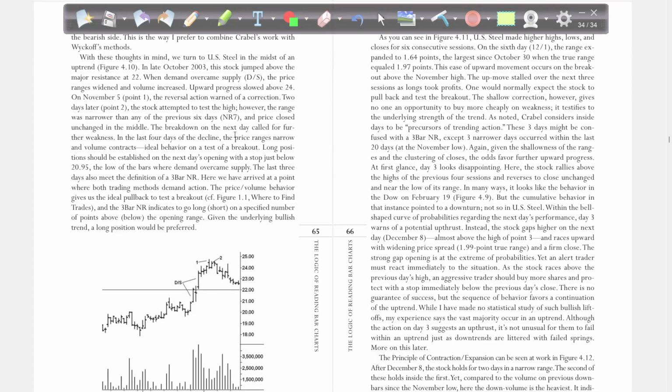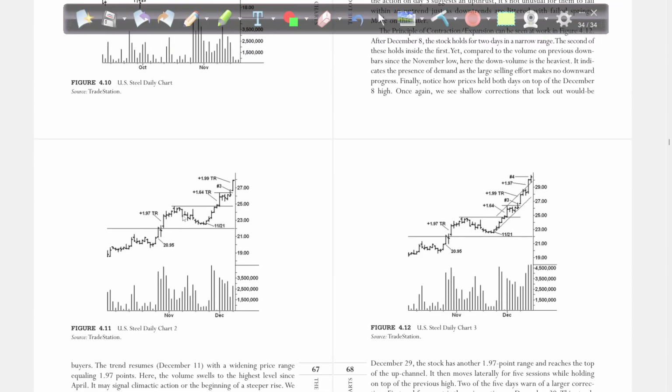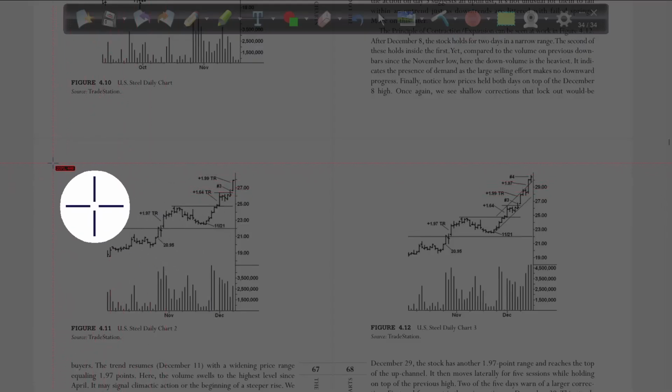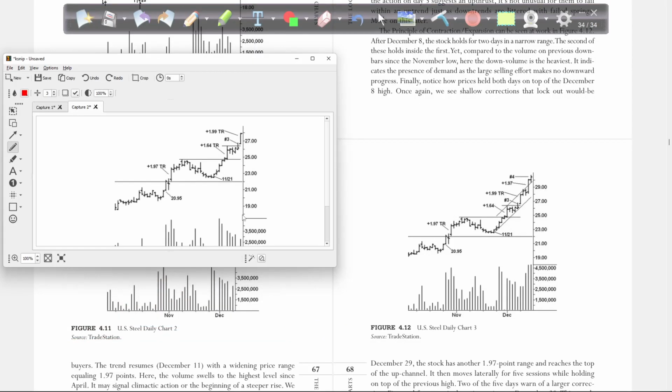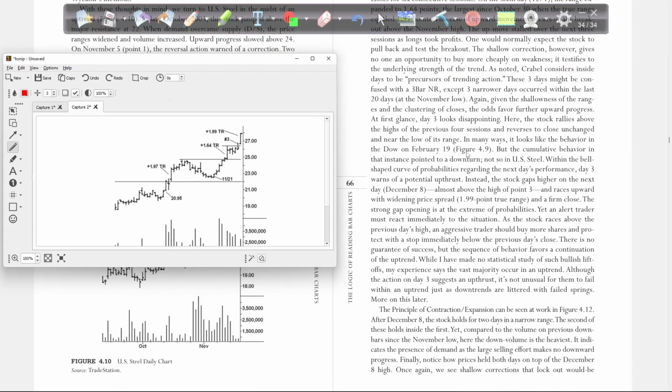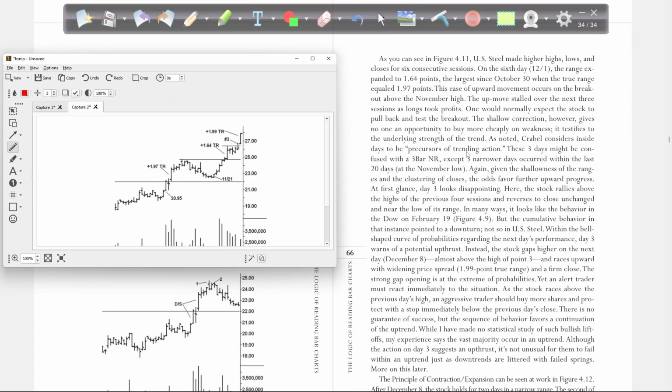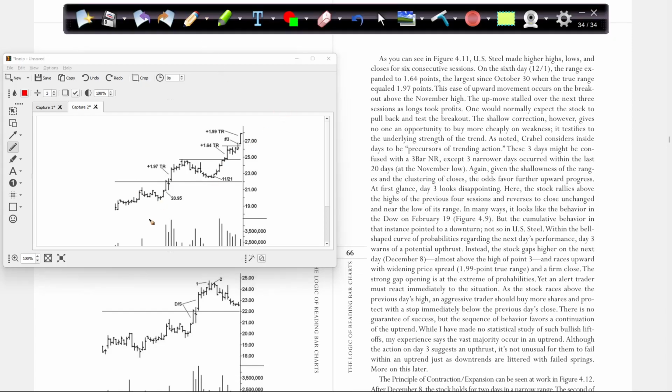As you can see in figure 4.11, US still made higher highs, lows and closes for 6 consecutive sessions.